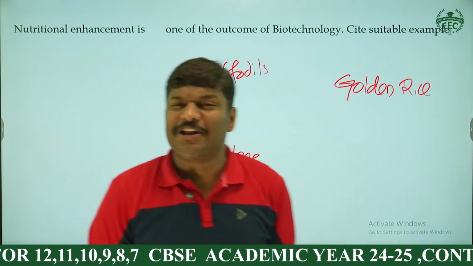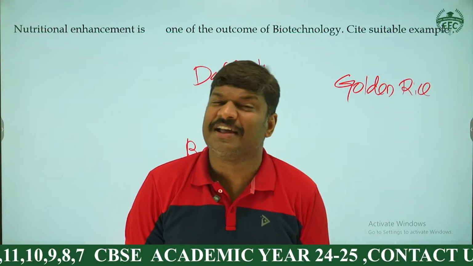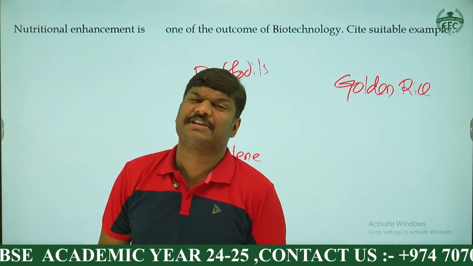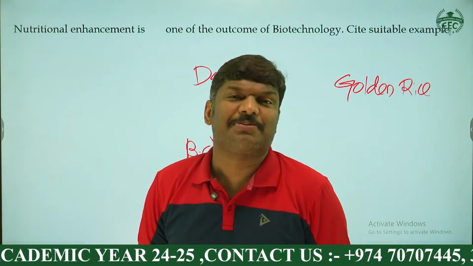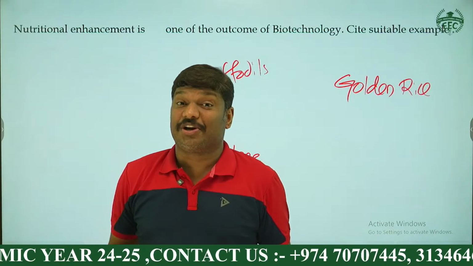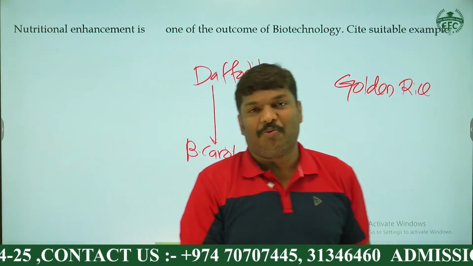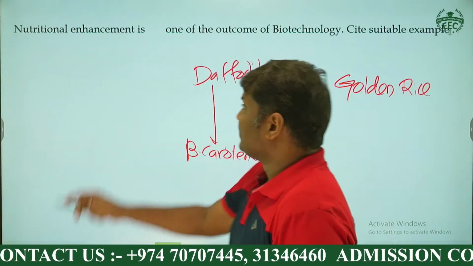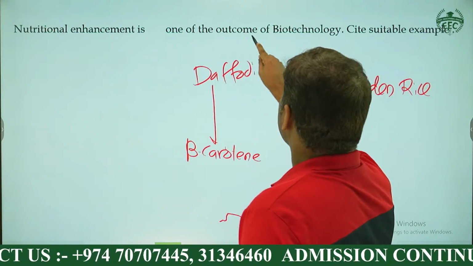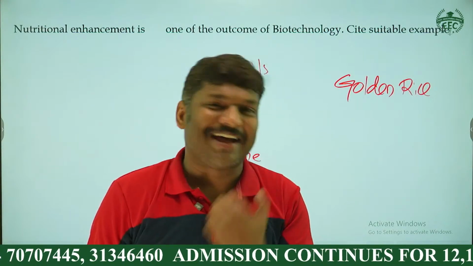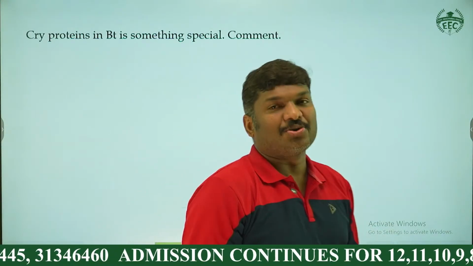From the daffodil plant, the beta carotene gene is taken and, using a suitable vector, transferred into normal rice, Oryza sativa, to make golden rice, my dear student. Golden rice is rich in nutrients compared to normal rice, and that is what we call vitamin A. So what is the answer? Nutritional enhancement is one of the outcomes of biotechnology. Cite a suitable example. The example is nothing but golden rice, my dear students. Moving on to the next question.